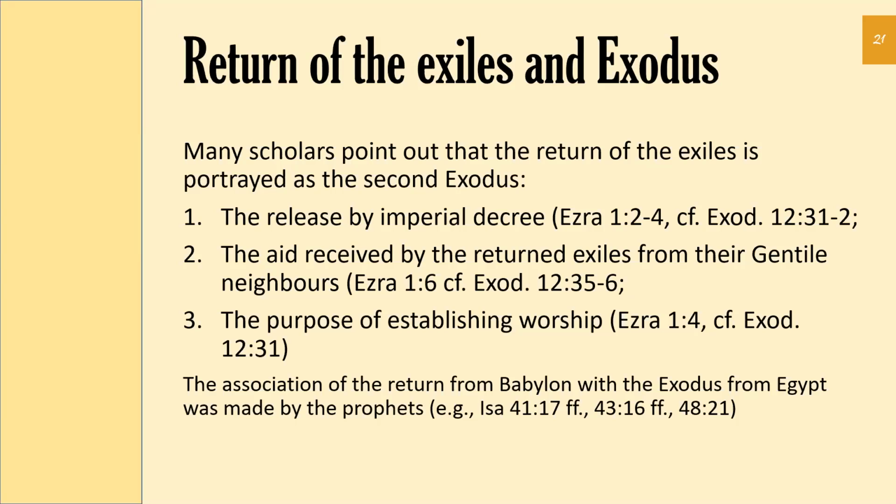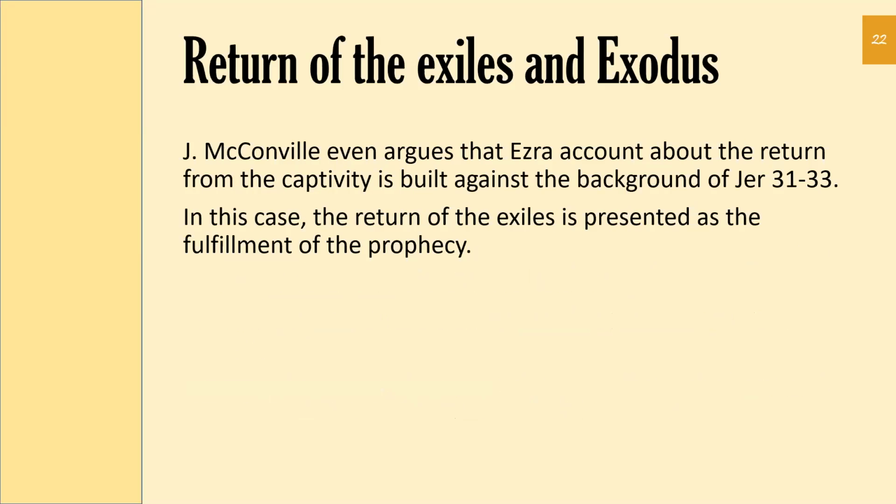And also we can find some parallels in the book of Isaiah, because in the book of Isaiah, the return from Babylon is also portrayed as the second Exodus, so in the same language. One of the authors even argues that Ezra's account about the return from the captivity is built against the background of Jeremiah 31:33.